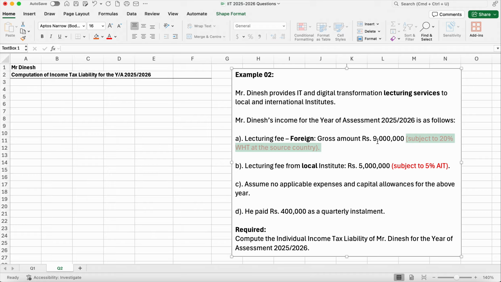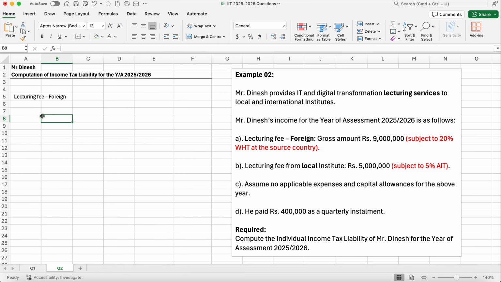So for now we are dealing only with the gross income. The foreign lecturing fee we can consider as assessable income from business when you are calculating income from business.